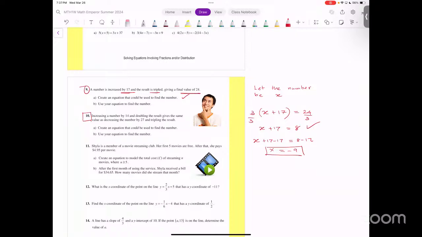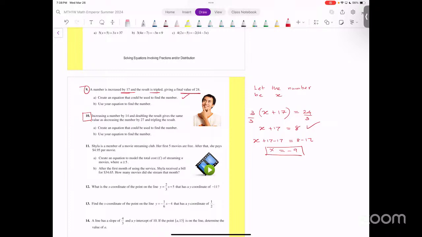Did you write the equation, sir? Not a single line yet. I said let the number be x. Did you at least write the let statement? No, let statement. All right, let's do it. More practice. Did you write the equation, Akshara?